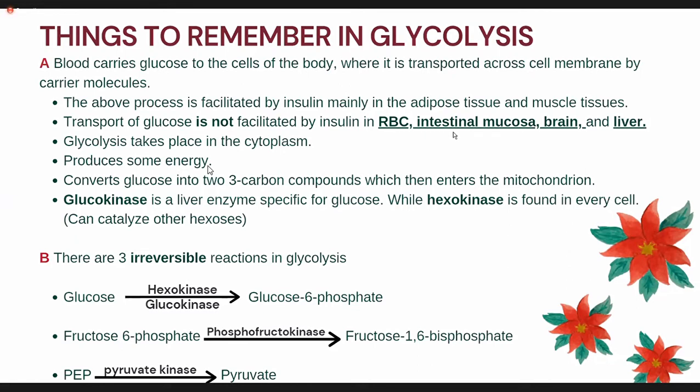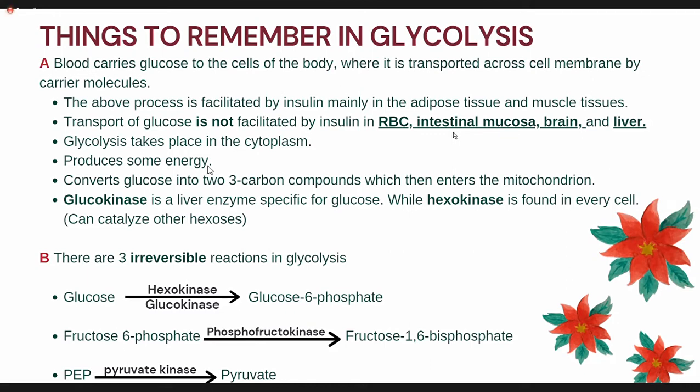Now, glycolysis occurs in the cytoplasm and it produces energy in the form of ATP directly, in substrate level phosphorylation.